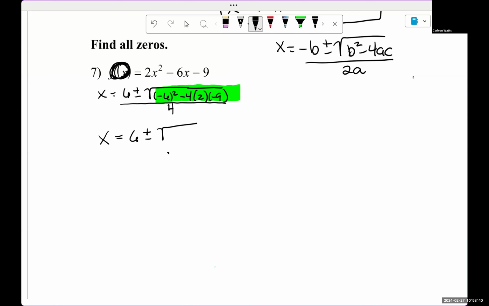Okay, so plug that in and see if you get 108. If you forget those parentheses around the -6, you will not get 108. And we know the difference between the negative on the calculator and the minus.